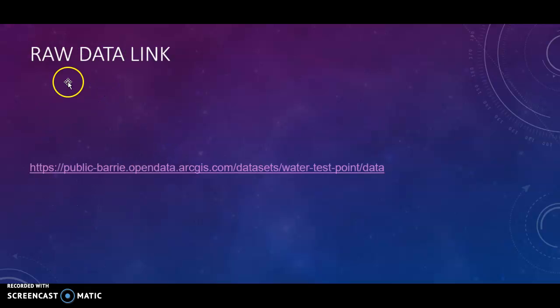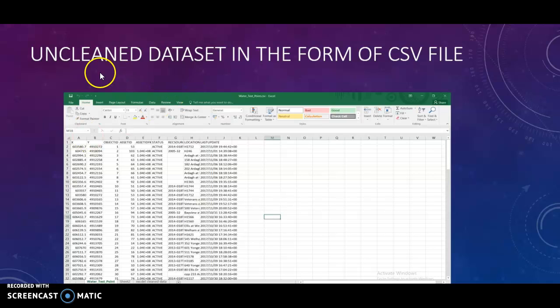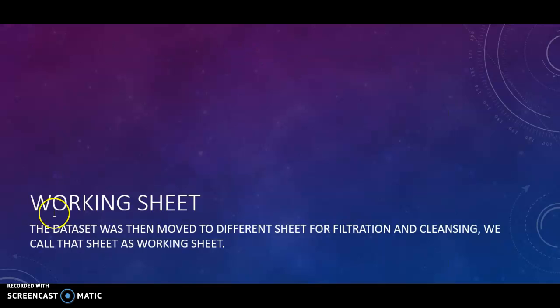This is the raw data link. This is the unclean dataset in the form of a CSV file. See, we can see here water test point. Then I moved it to another Excel sheet on which the testing or the filtration is to be applied. This working sheet is where the dataset was moved for filtration and cleansing. We call it a working sheet.